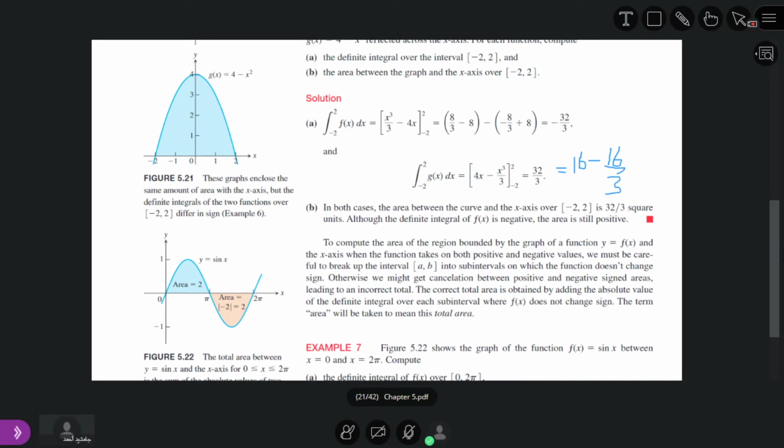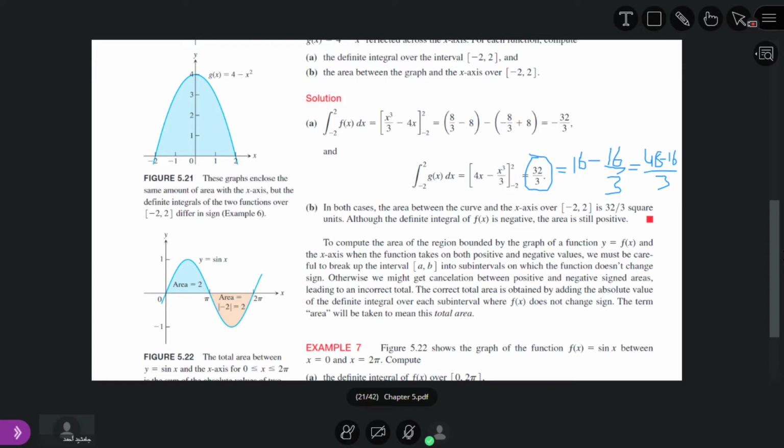Whenever we take the least common multiple, we get 48 minus 16 divided by 3, which is equal to 32 divided by 3. So this is basically the integral of f of x and the integral of g of x.